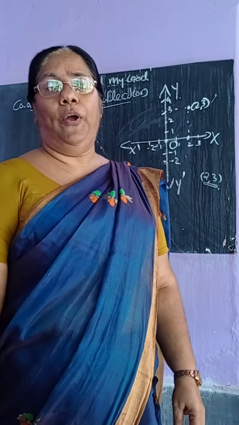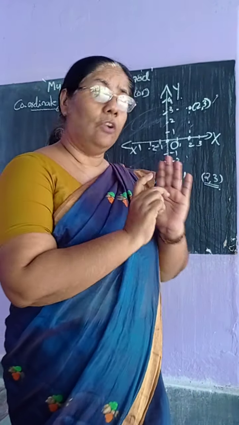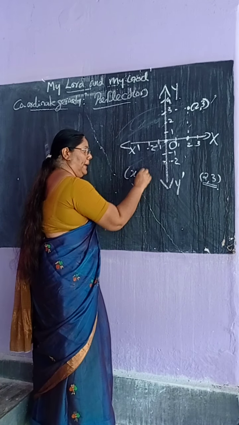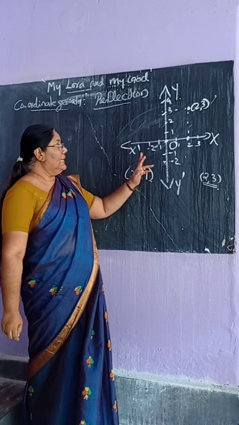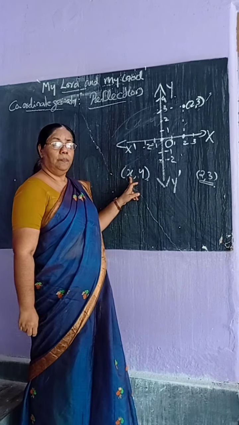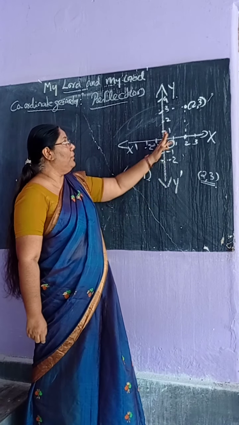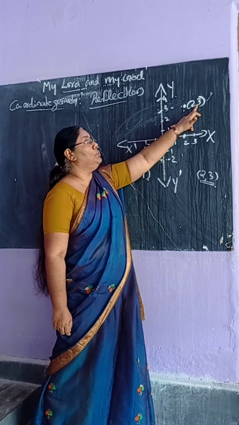Plotting the points. When you write the coordinate (x, y), this x is the distance from the y axis. All of you look here. Here we mark the point (2, 3).